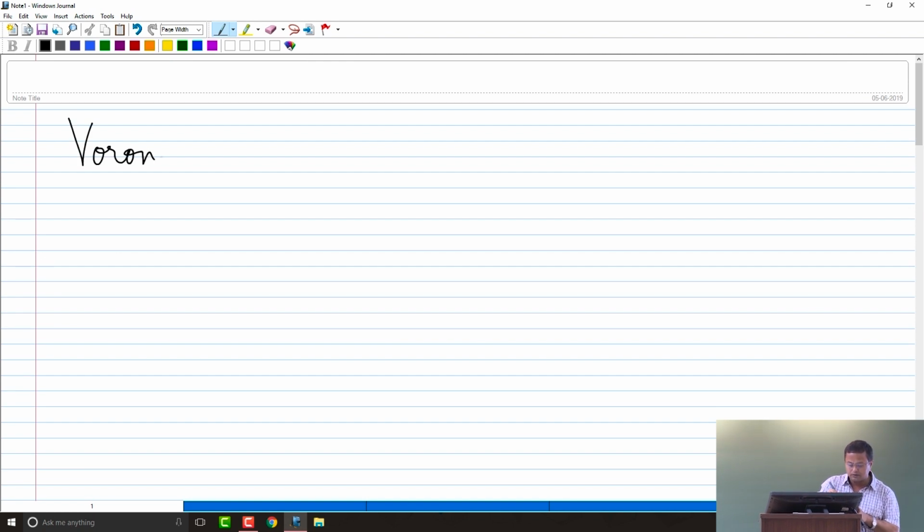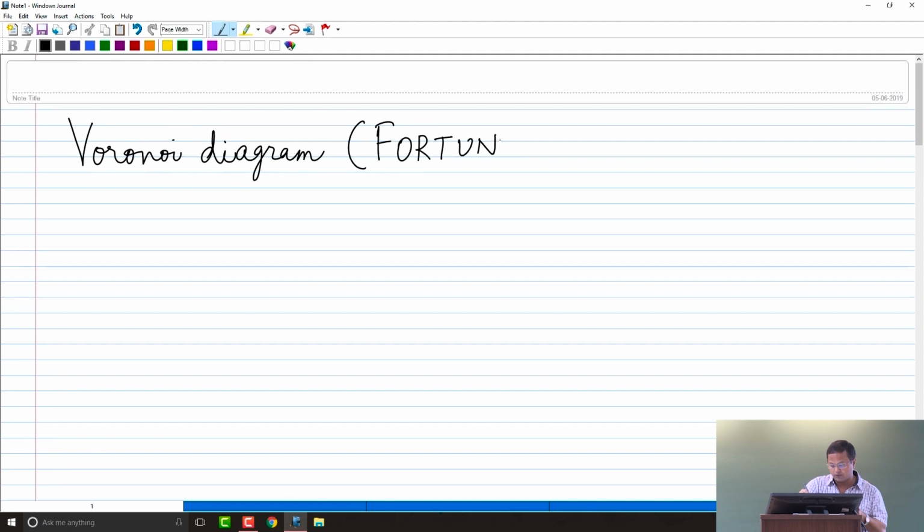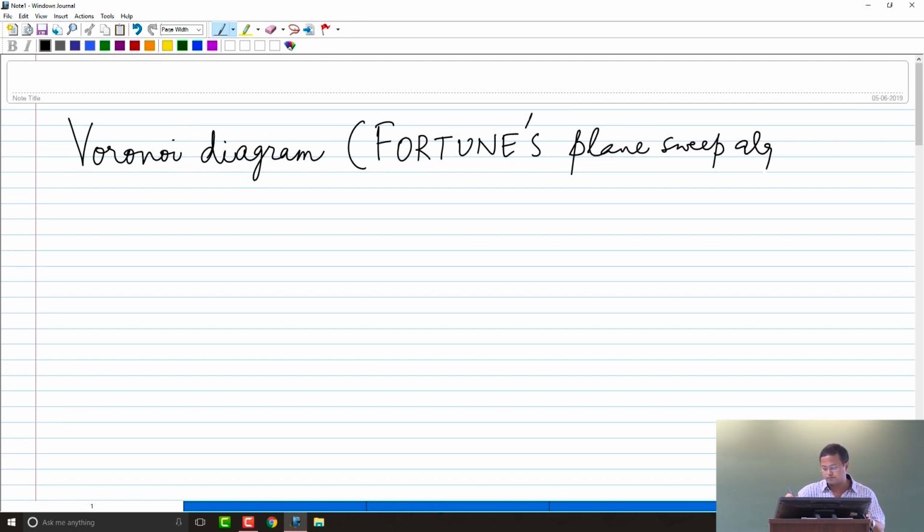let us look into Voronoi diagram computation. The algorithm that we would discuss, rather we did a small introduction to in the last class, was Fortune's plane sweep algorithm.